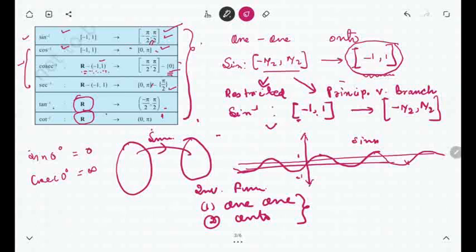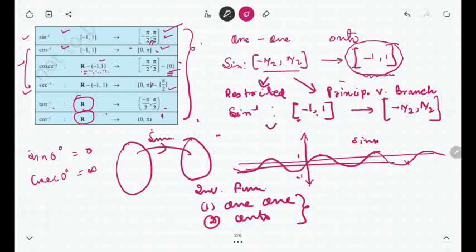Then take the cos inverse. Cos inverse domain is minus 1 to 1 and the codomain is 0 to pi, closed. Now come to sec. Here the domain is R minus the open interval minus 1 to 1. Why? Because in this open interval, you cannot get any value for sec.